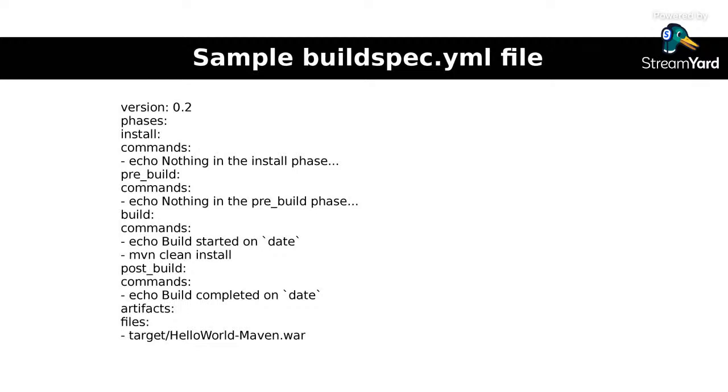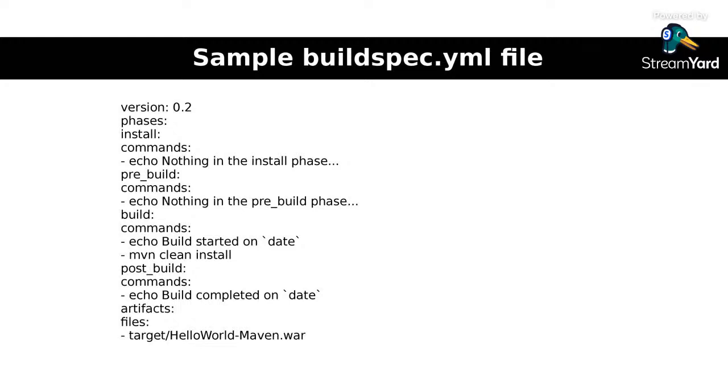This is the sample YAML file where we have configured what action needs to be performed on your source code repository. Here we want to build it, so we are using the Maven clean install build. Then post build, the build will say it is completed on a particular date.